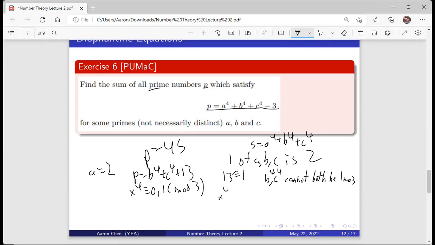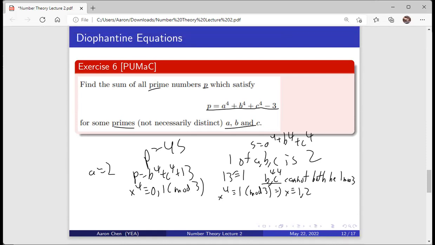If x to the fourth is equal to 1 mod 3, it means that x is not a multiple of 3. So that basically means that one of b or c must be 0 mod 3. And we have that a, b, and c are all primes, so one of b and c is 3. Once again, the order doesn't matter much, so we can just let b be the one that is 3. Then we get that p is equal to 3 to the fourth, 81, plus 13, which is 94, plus c to the fourth.